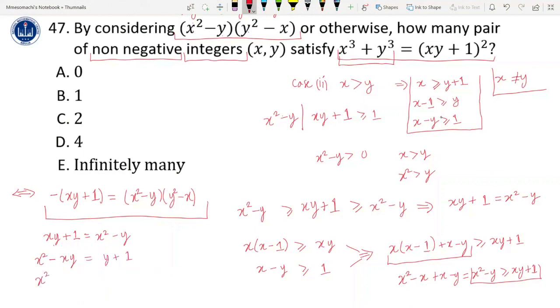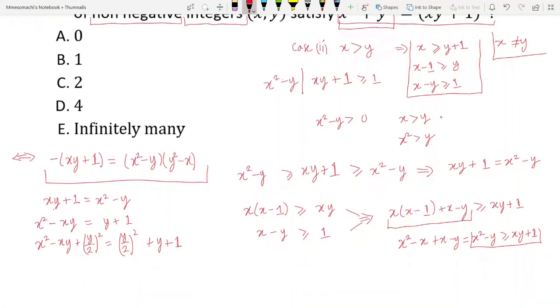So we have x squared minus xy plus y over 2 all squared equals y over 2 all squared plus y plus 1. Okay, so I'll just scroll down a bit, and this can be factorized. This can also be factorized. So this is x minus y over 2 all squared equals y over 2 plus 1 all squared.